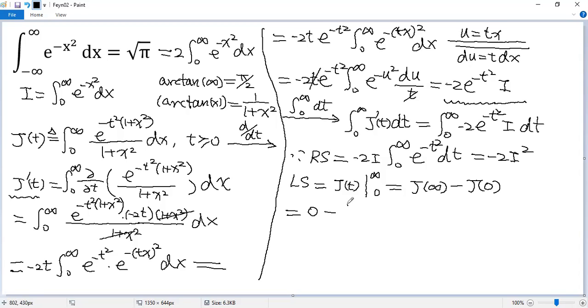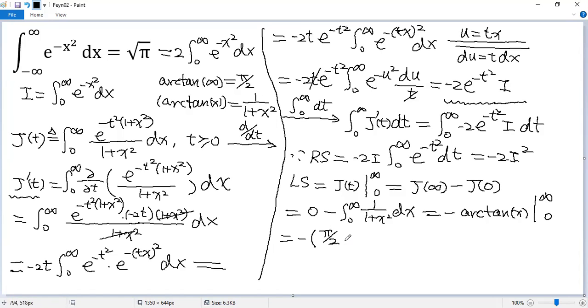So we get the integral from 0 to infinity of 1 over 1 plus x squared dx. You see the antiderivative is exactly the function arctan of x. So evaluate at infinity and 0. So we get negative: when x equals infinity, arctan is pi over 2. When x equals 0, arctan is 0. So we get negative pi over 2.